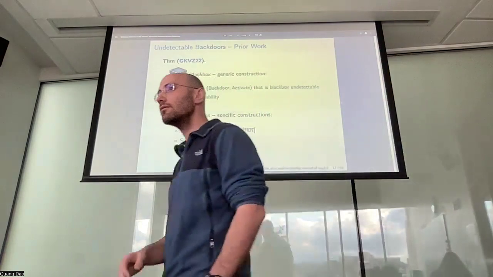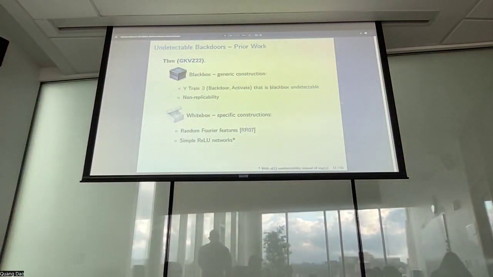Yes. Why is non-replicability important? So imagine that the IRS suspects that some submission was fraud, but it wasn't flagged by the system as fraud because there was a backdoor being used there.